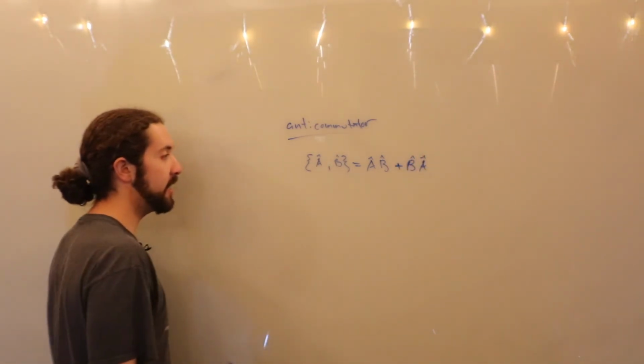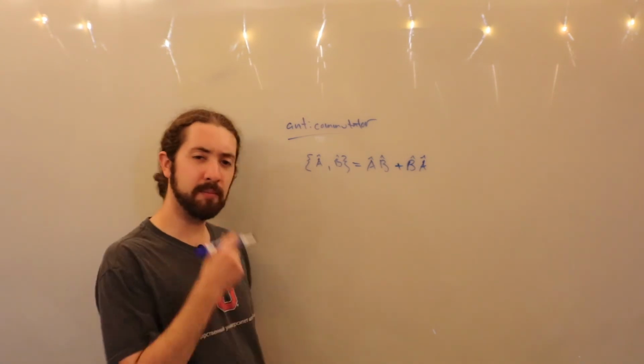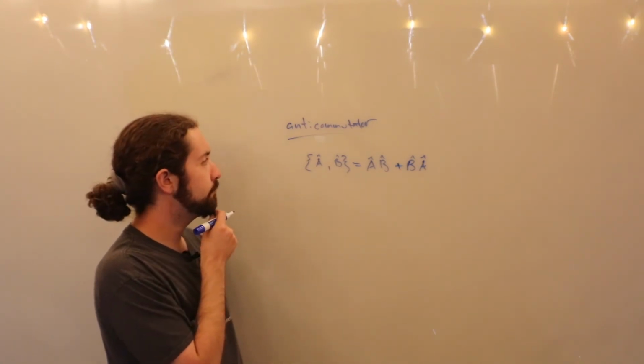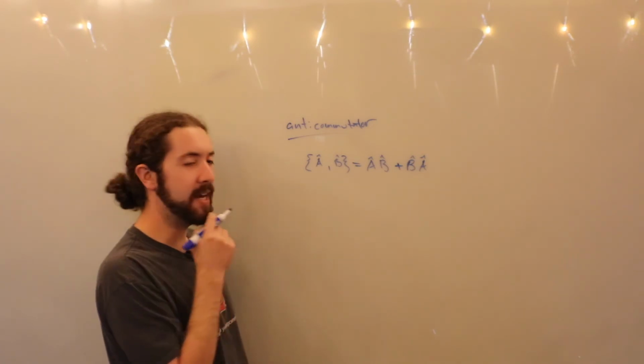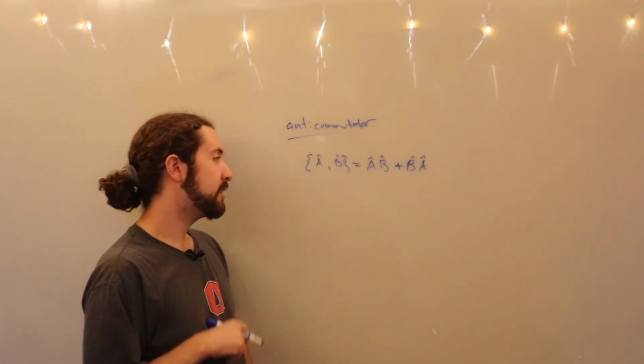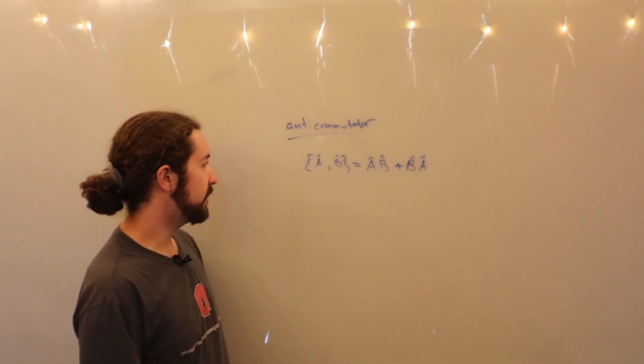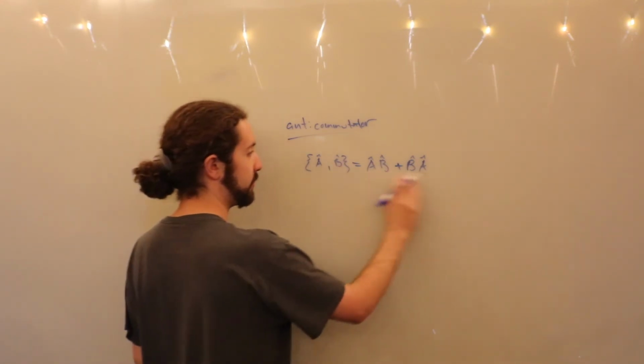To what degree do they anti-commute? Now, what does it mean for things to anti-commute, or to have an anti-commutative property? Well, let's not worry about that right now, but what we can worry about is computing this.